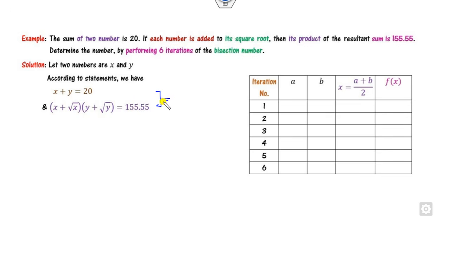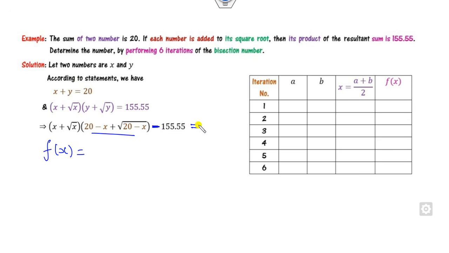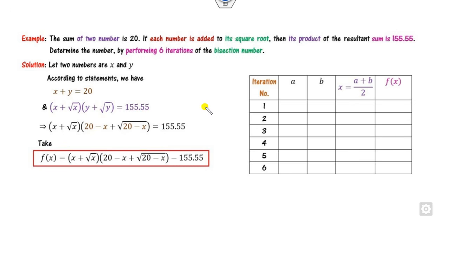Fine. Then you have to perform 6 iterations of the bisection method. So firstly, you have to write the function of x. I can find the value of y from here. y is this. I can substitute the value of y here. Then what is my f of x? I can write this as minus something equal to 0. So you can see this is my f of x. Now the interval is not given to you.